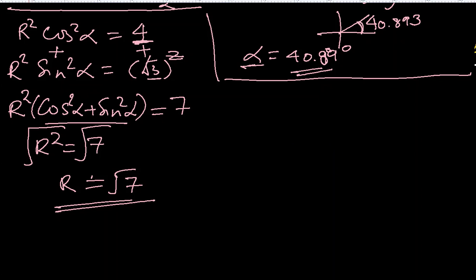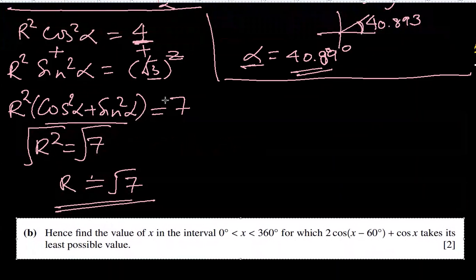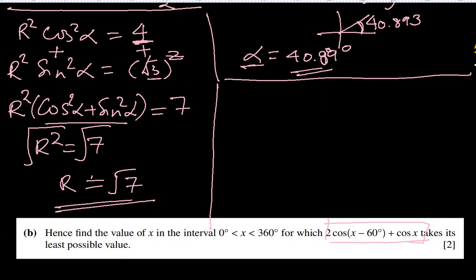Let's see what is the other part of this question, which is here. Hence, find the value of x in the interval 0 to 360 degrees. Okay, x, not alpha this time, for which this one has the least possible value. So in place of this expression, we will write the new format we had.